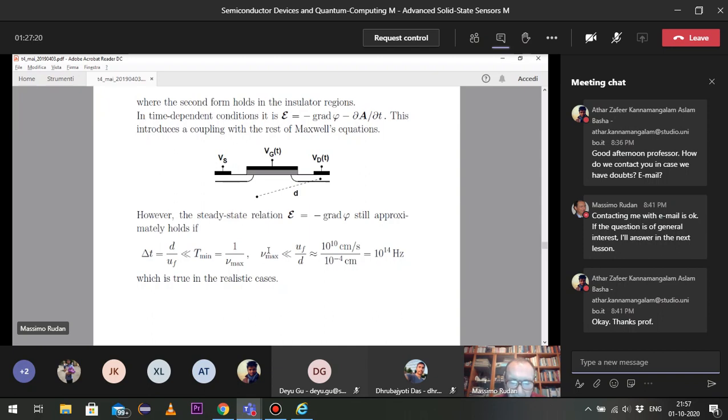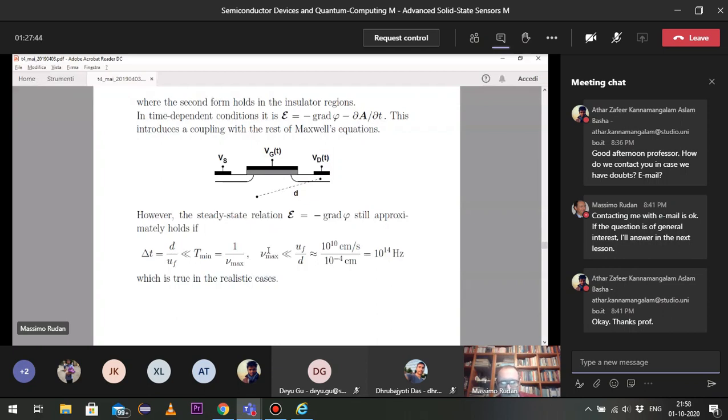All the important electric phenomena happen at the surface. So if you consider the MOS architecture, the only sensible choice for D is the length of the channel of the MOS transistor.